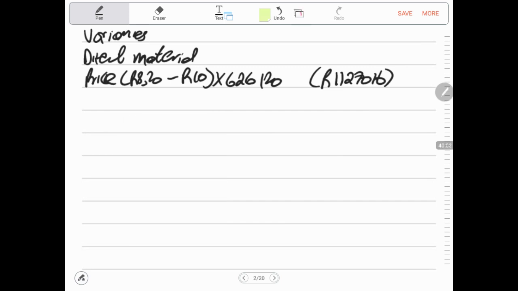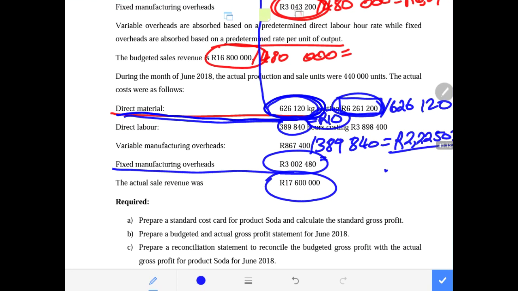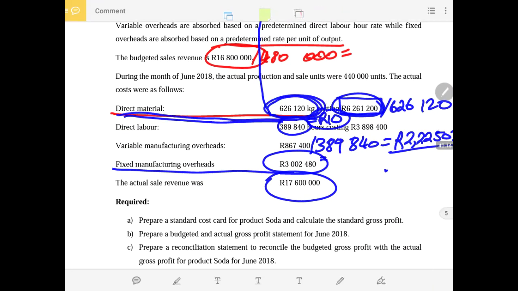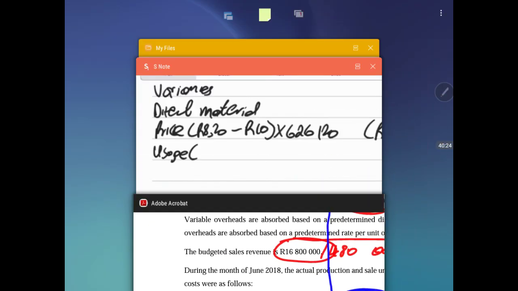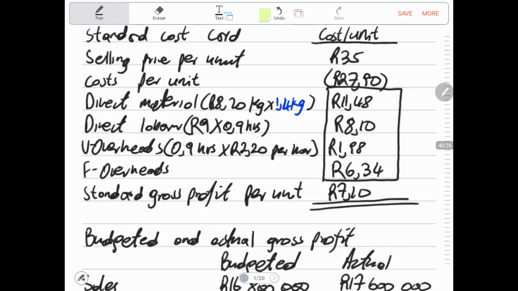Then after that, we will have our material usage. Usage is based on standard quantities, and our standard quantities are based on actual production. We know that we actually manufactured 440,000. So if that is what we manufactured, we need to say how many kgs were required to manufacture what was manufactured. It is 1.4 kgs.